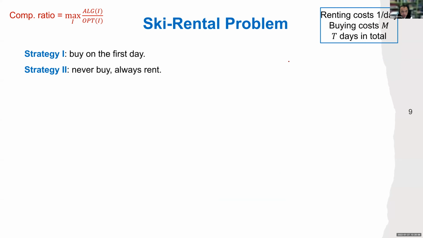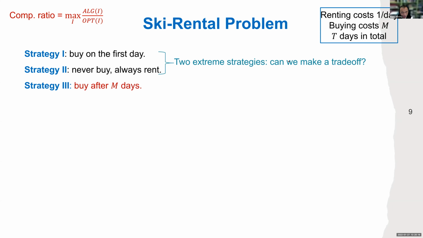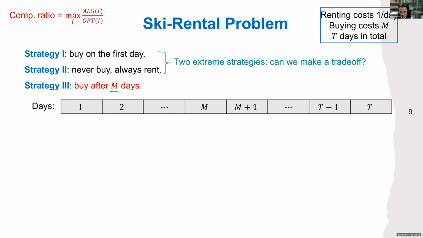Okay, so let's see the strategy. These 2 strategies, as we said, are not good, and many of you have suggested some mixed strategy. So what's the mixed strategy? Well, we can buy after M days. So actually M is the best we can do. What do we mean by buy after M days? M is the cost of purchase.